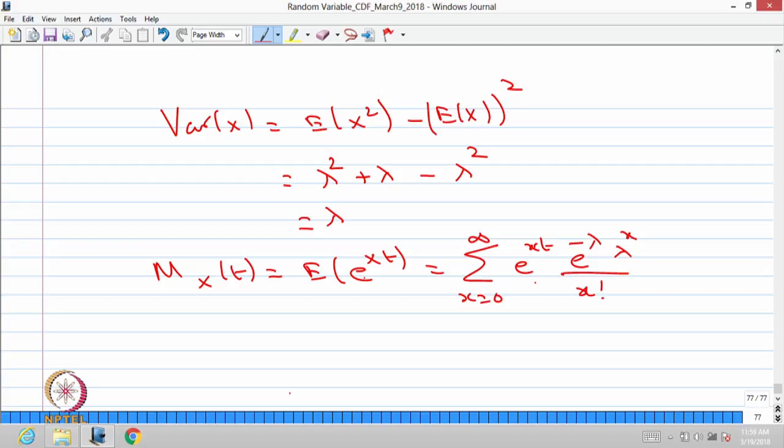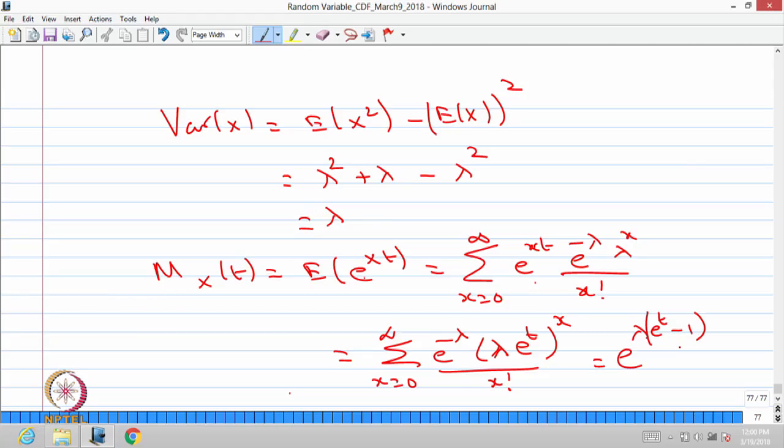You can keep lambda power x and e power x t together. So, therefore, this is nothing but summation x is equal to 0 to infinity e power minus lambda, lambda times e power t power x by x factorial.